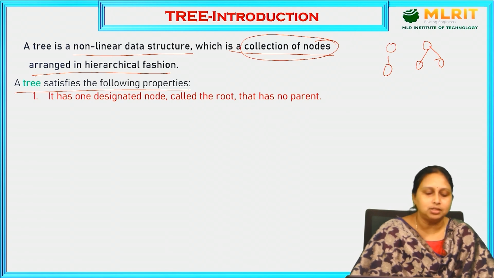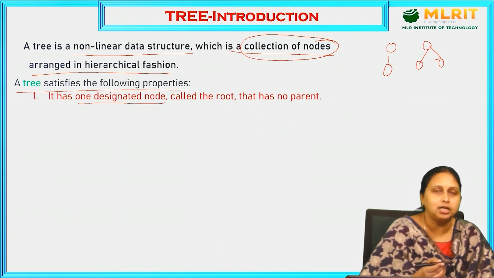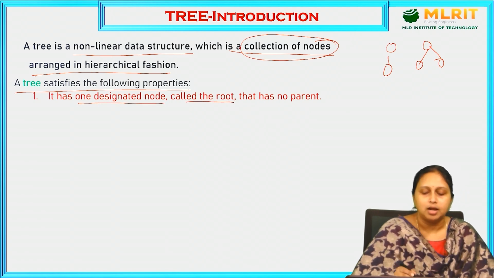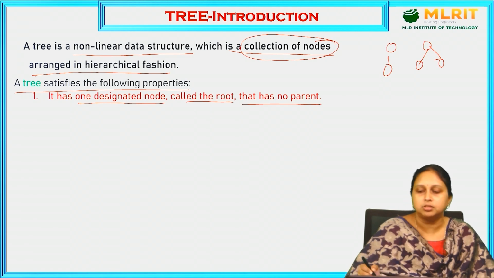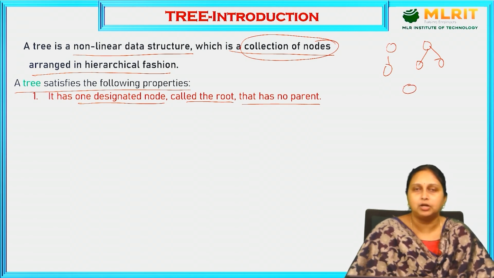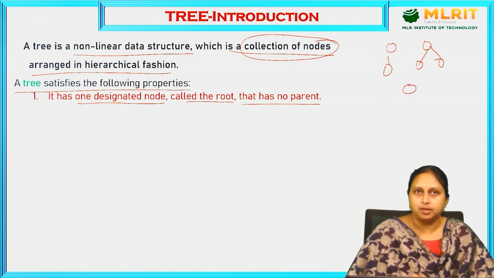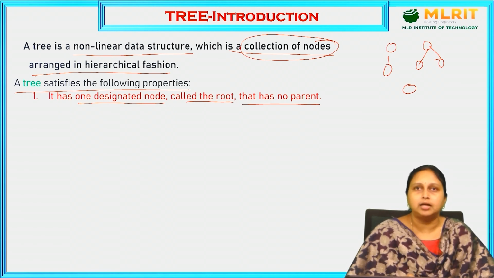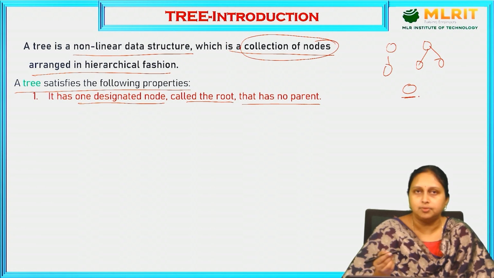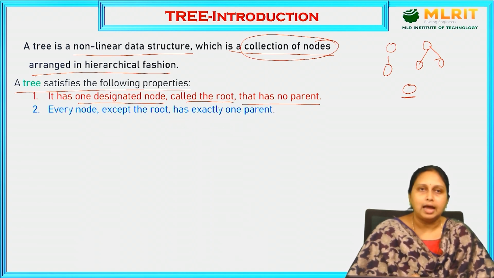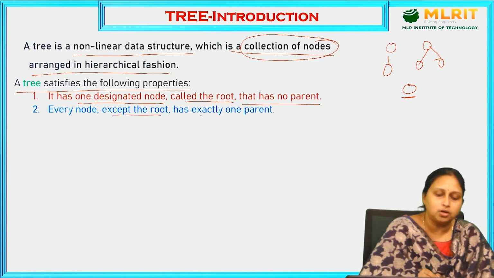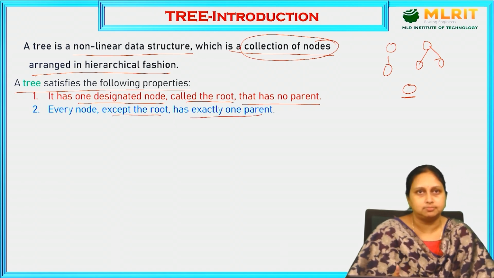The first thing: it has one designated node called the root node, and that has no parent. Suppose I have a node like this, it is only the parent node and it is the root node, and you don't have any other parent for this node. Then we have it as a tree. And every node except the root node has exactly one parent.